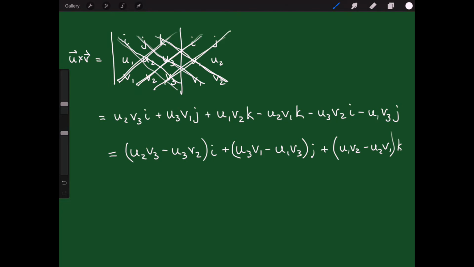That's one way to take the determinant of a 3 by 3 matrix.